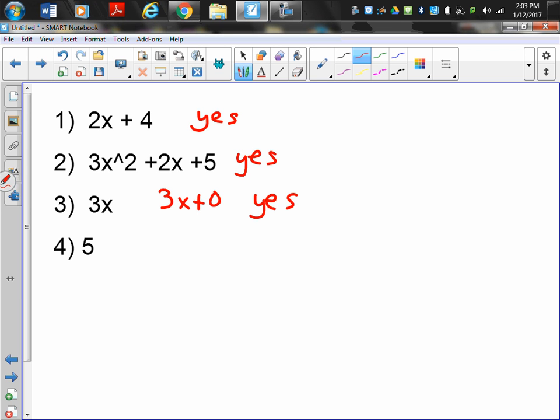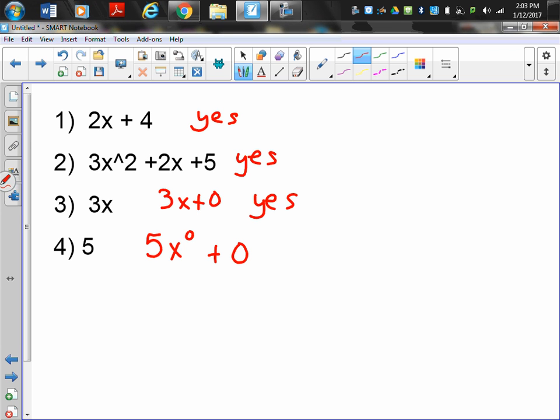Now, here is why. Because this is the same as 5x to the 0 plus 0, because x to the 0 is the same as what? 1. Since x to the 0 equals 1, 5 times 1 plus 0 is still 5.